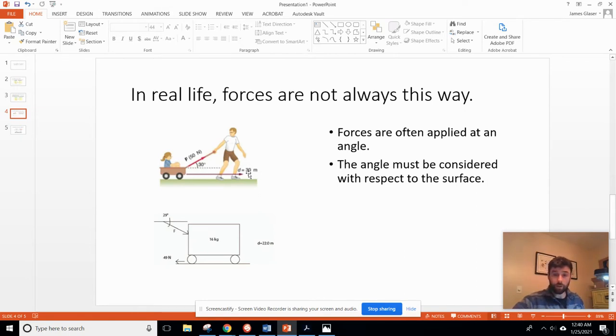The direction of the acceleration is 99 times out of 100 going to be parallel to the surface. Very rarely are you going to be launching up off of the surface or falling down through the surface, okay? So the surface is what the angle needs to be taken in respect to, okay? Whether you are pulling upwards on something or pushing downwards on something, okay?